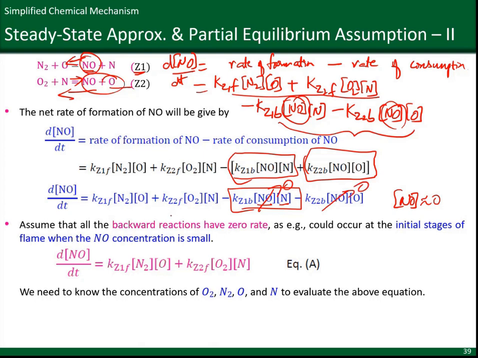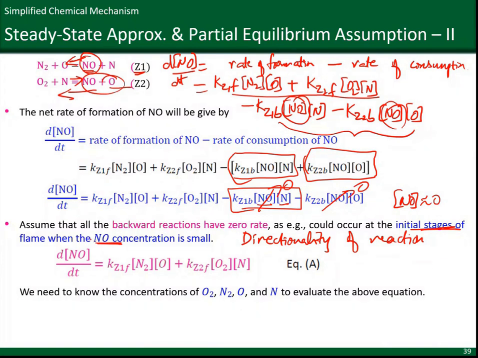So this is an assumption that we apply: these two reactions are only happening in the forward direction. This is the first assumption that we spoke about. We are making an assumption about the directionality of the reaction, and it's a reasonable assumption in the initial stages, or in places where the NO concentration is small.